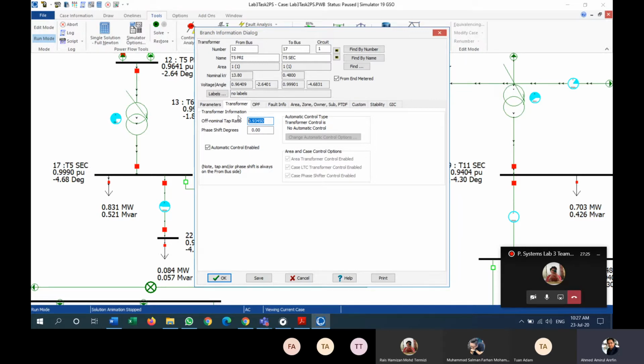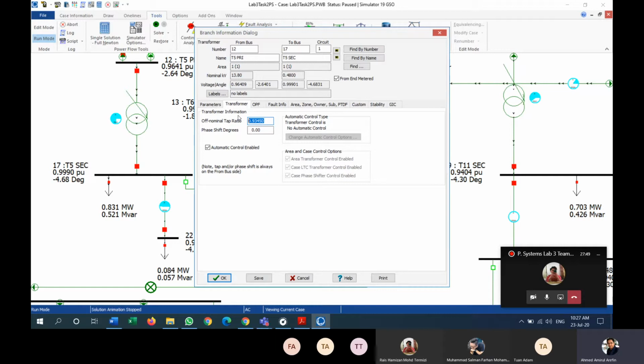That's why I subtract 1 minus 1 tap. It means the full turns ratio minus 1 tap. Full turns is 1 and 1 tap is equal to 0.0625. That's why I put the value 0.345.